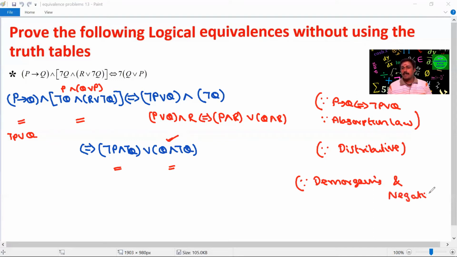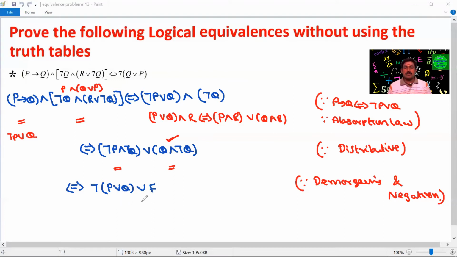So we can apply negation law here. Therefore, which is equivalent to, I can apply De Morgan's law and write the term as not of P or Q, or this term is nothing but Q and not Q is F.